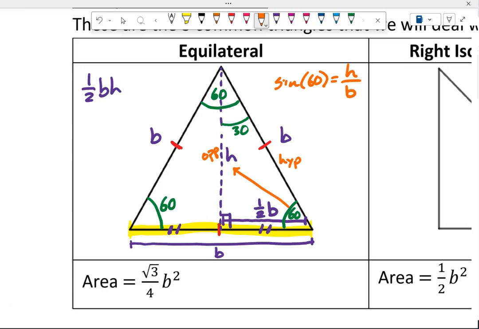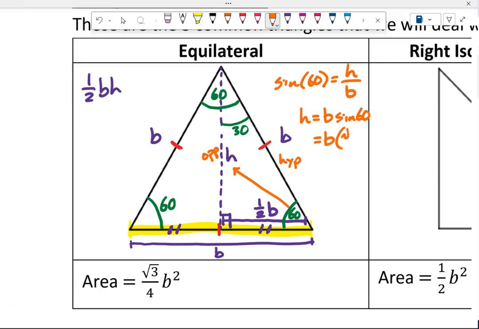Well, how do I solve for my h? I just multiply by b. So my h is equal to b times sine of 60. Well, unit circle, what is sine at 60 degrees? Rad 3 over 2.